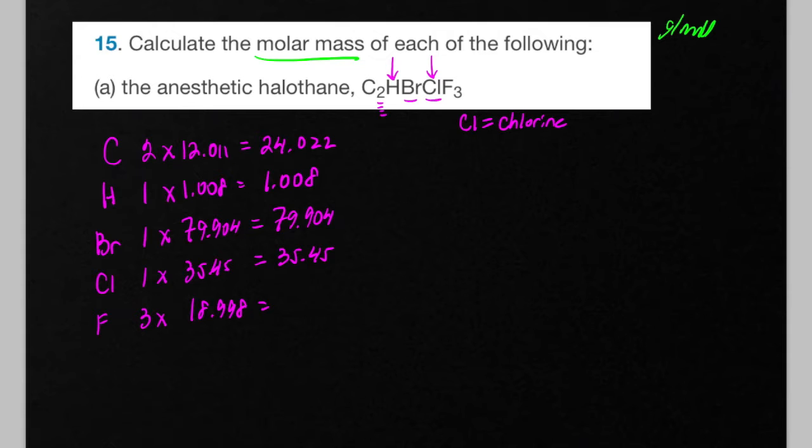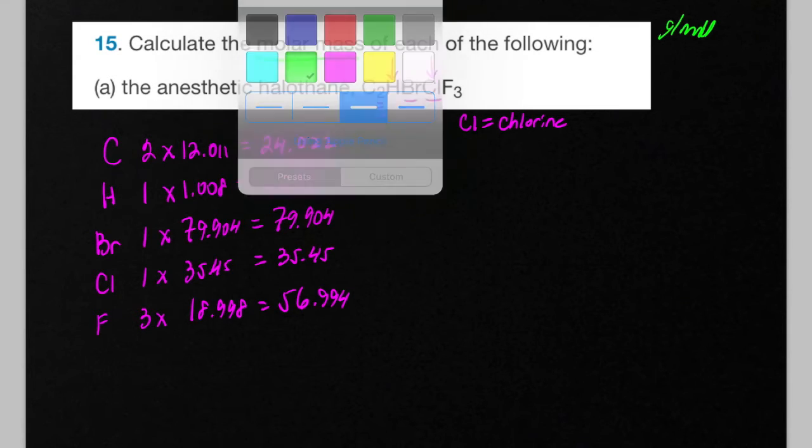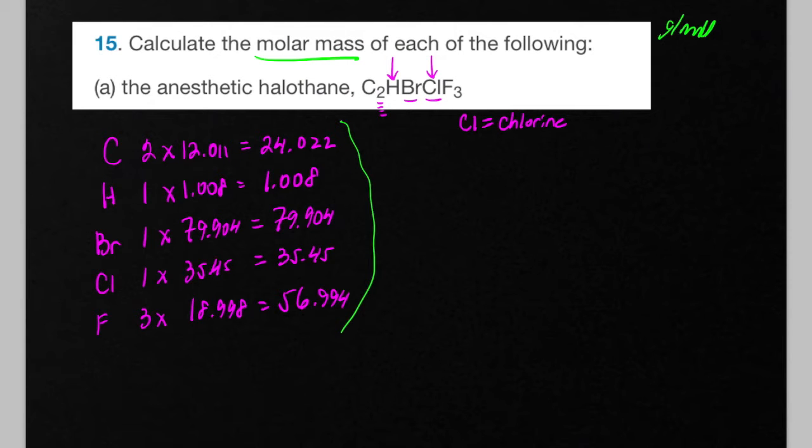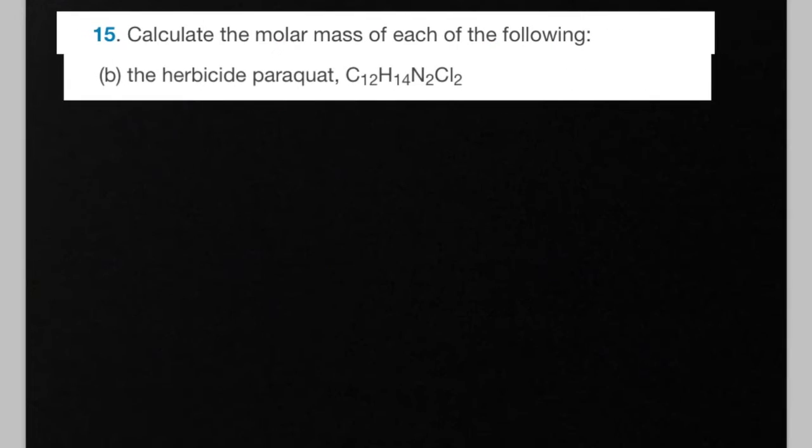So 3 times 18.998 is 56.994. Now we want to add these all up to get the total. And the grand total here is 197 and some change. So this is the molar mass of this organic compound.